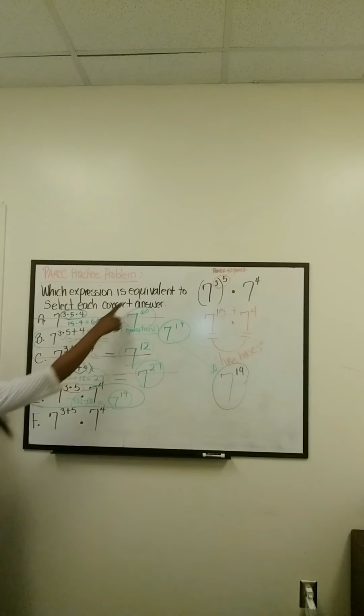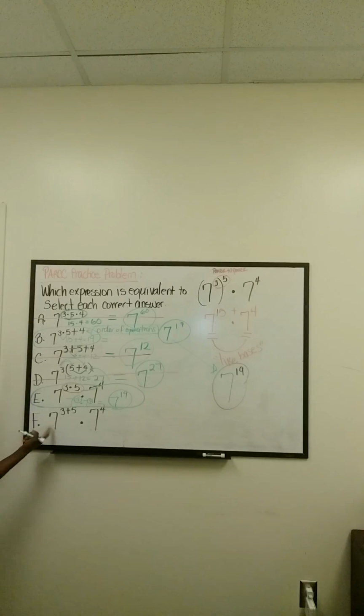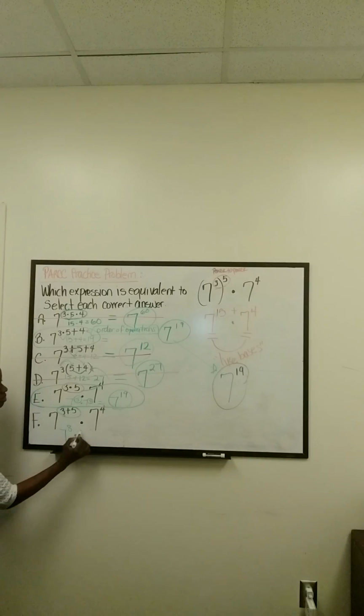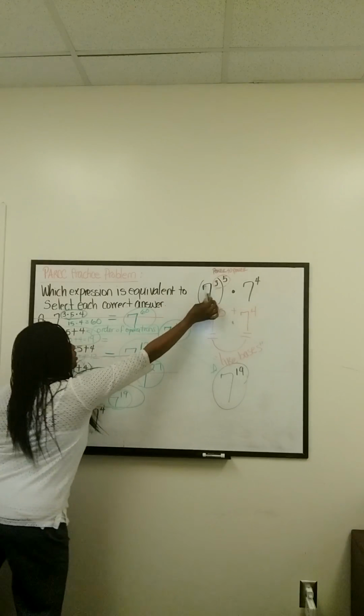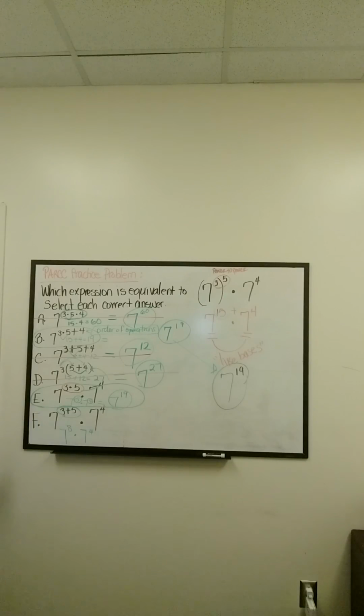Let's look at the last one. In this one, we see that 7 is being raised to the 3 plus 5. Well, 7, we know, is going to remain the same. We have 3 plus 5, which is 8. So we have 7 to the 8 times 7 to the 4. And similar to E and the original expression, we use a product rule.